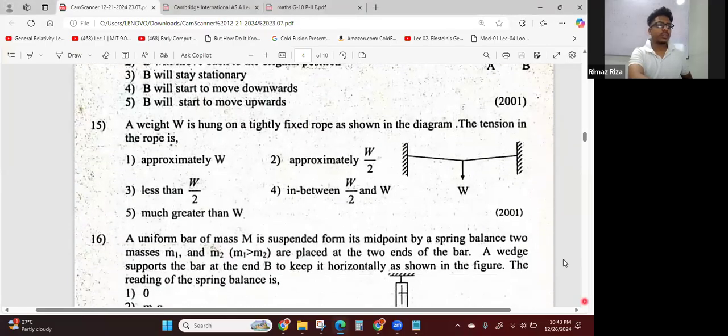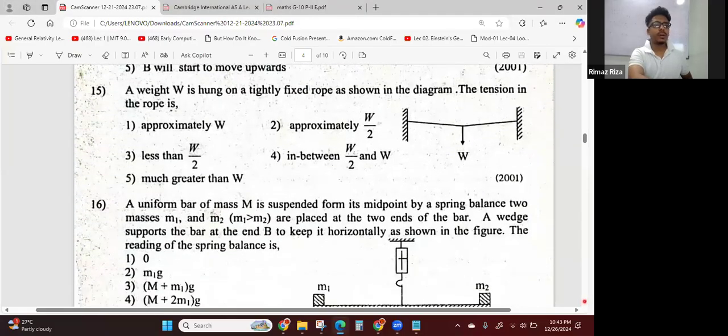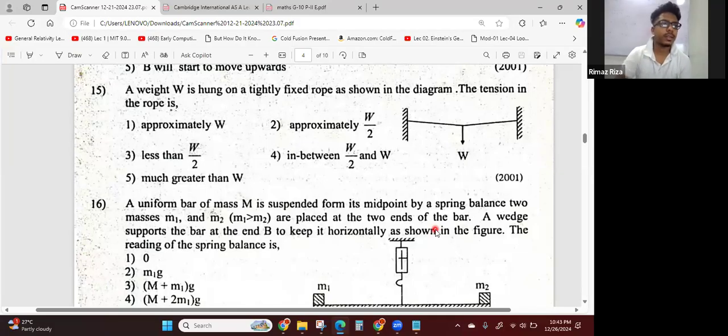Okay. So this question number 15, now you should be able to say the answer in seconds, because we already discussed this type of question earlier. So you can understand doing past papers is really helpful.